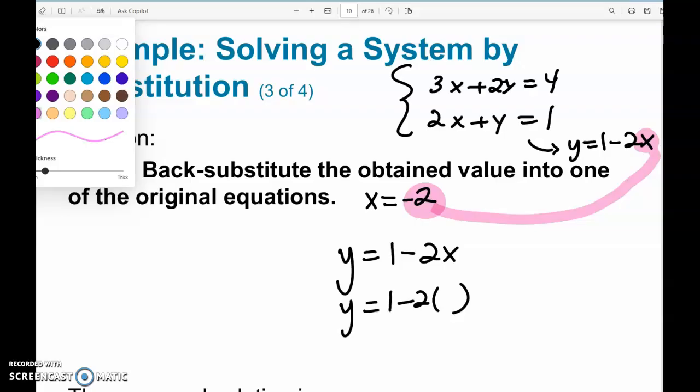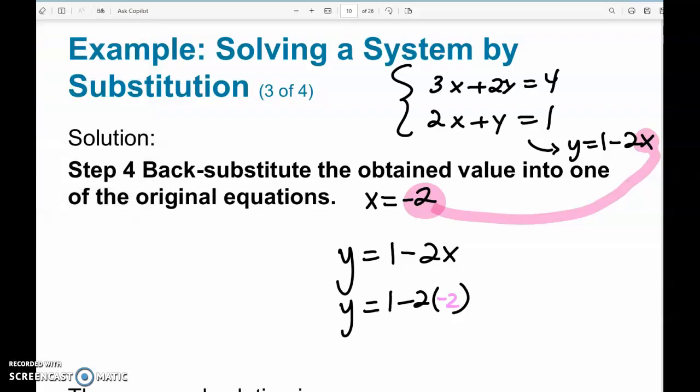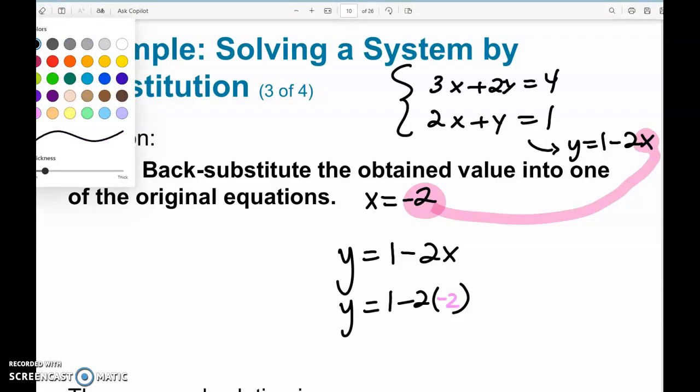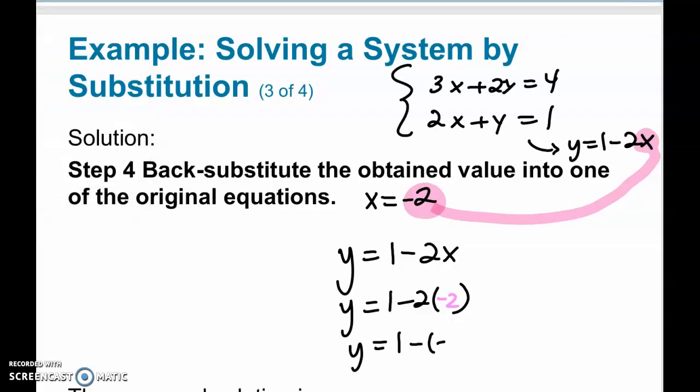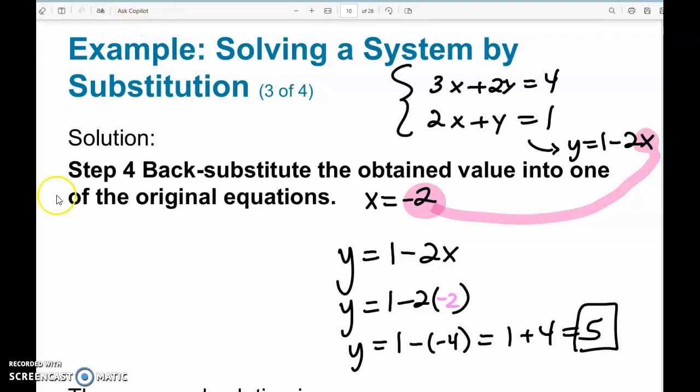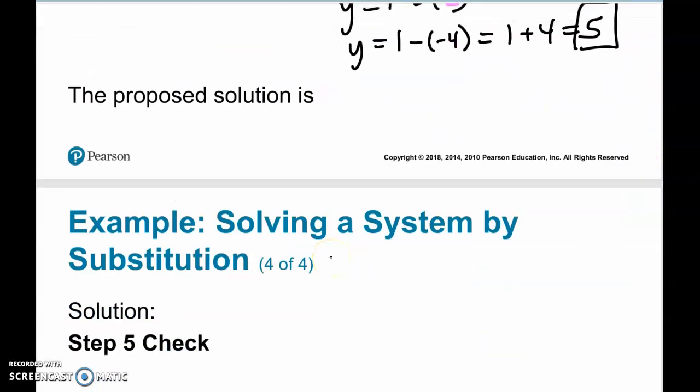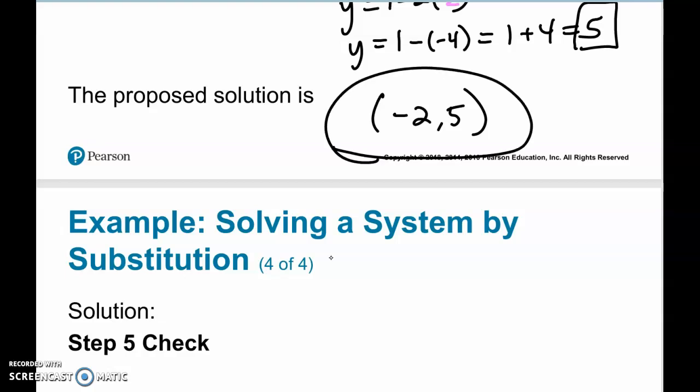And so now I'm going to substitute in -2, and let's see what we get. Y is equal to 1 minus -4, or y is equal to 1 plus 4, minus a negative will be plus. So I get y equals 5. So the proposed solution is -2, 5. So I always want to have an ordered pair. Either I'm going to write my answer like this or in this ordered pair format.